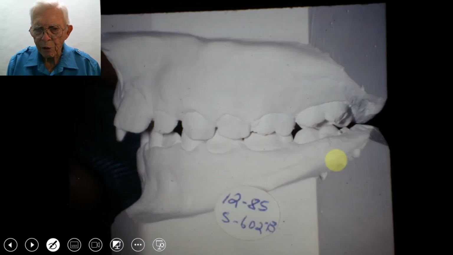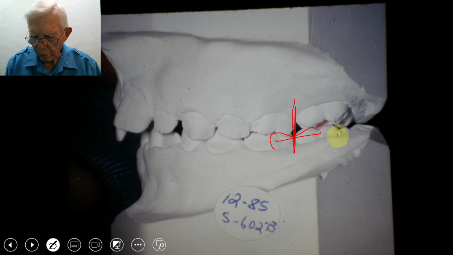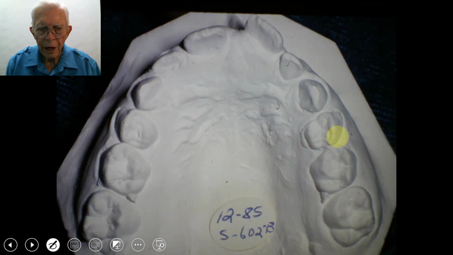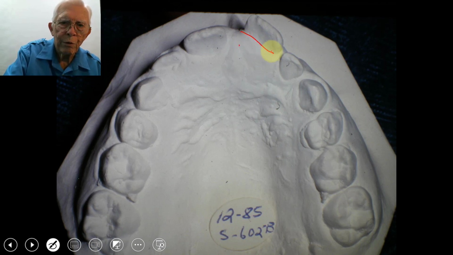On the other side, the class 2 situation is about the same, and these teeth down here need to be moved over in this area. So we'll be planning to do that, and we have some crooked teeth up here at the front of the mouth where probably an over-retained deciduous tooth may have caused this problem right here.